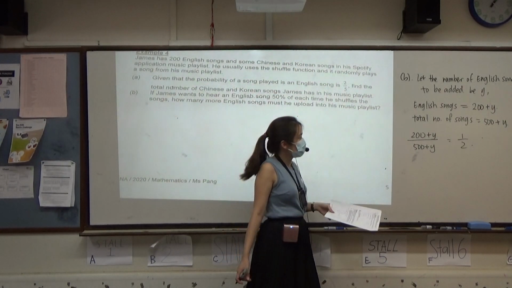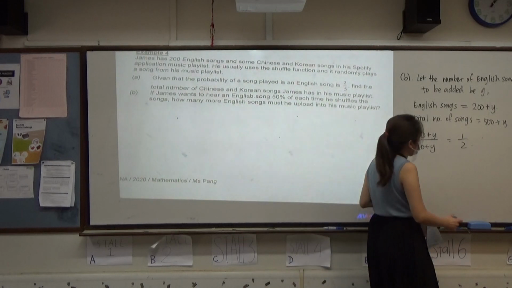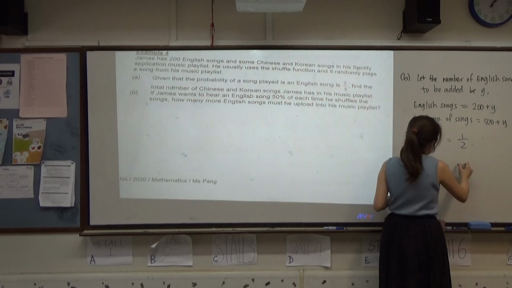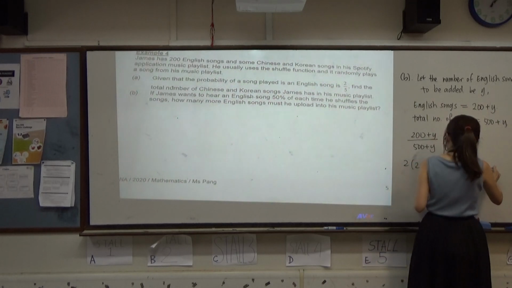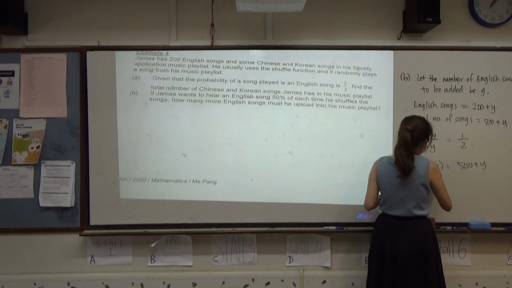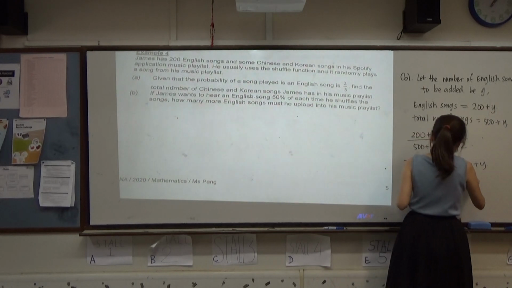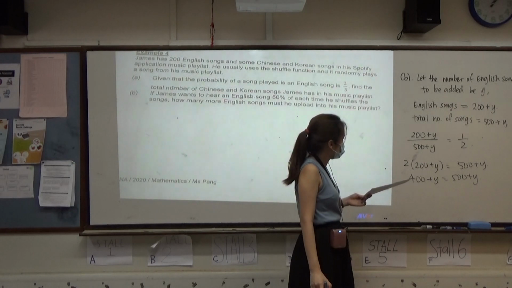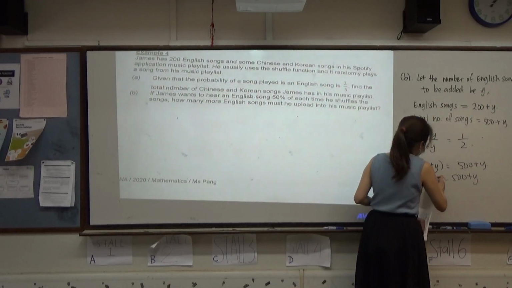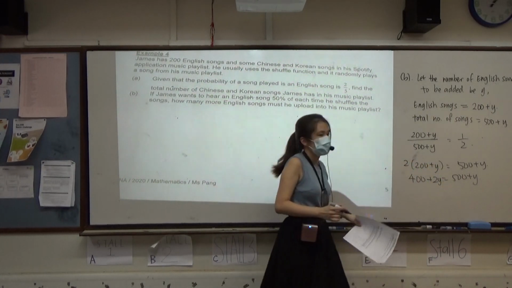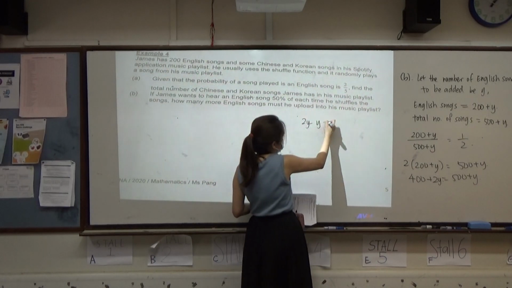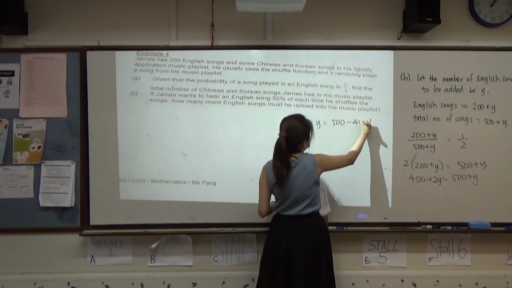Then after that we solve to find out what y is by cross multiplying, such that I will have 2y minus y equals 500 minus 400.